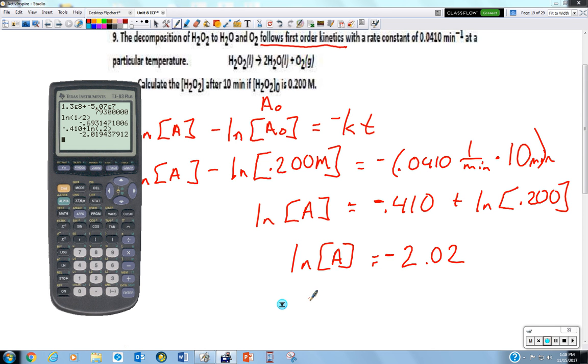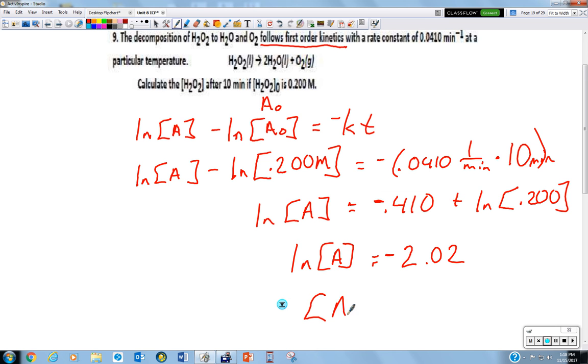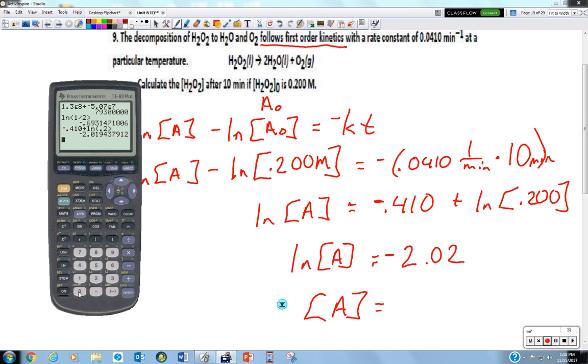Now, does anybody know how to change this just to get the concentration of A? How do we do that in the calculator? You basically go second ln, which gives you the e, and it's going to be e to the negative 2.02, and that gives you your number.